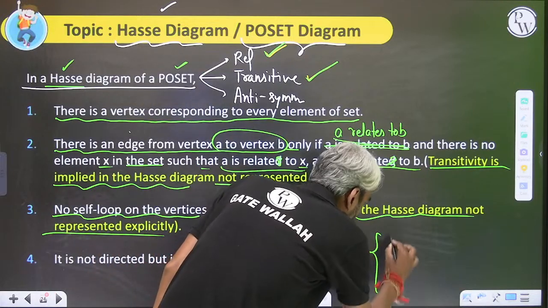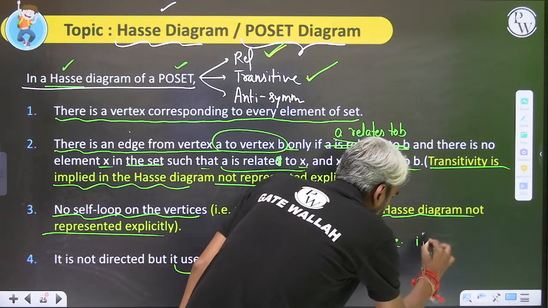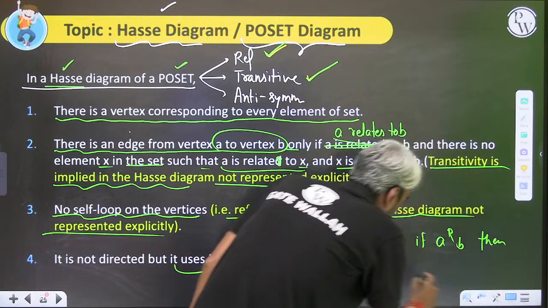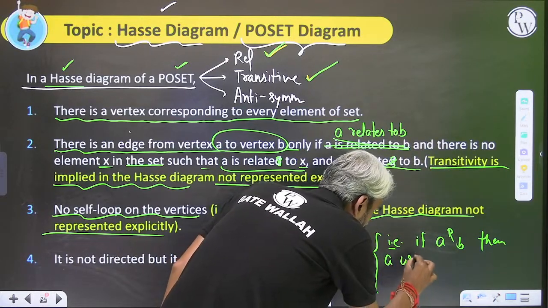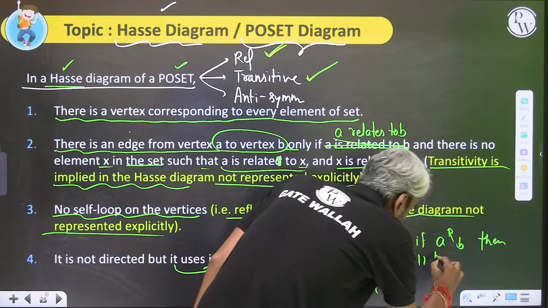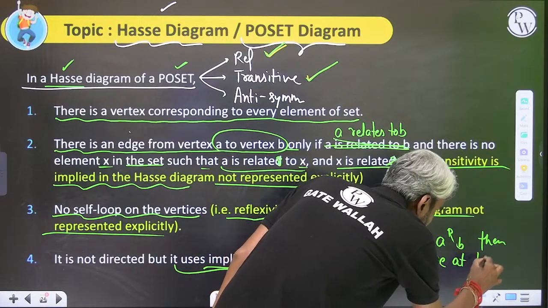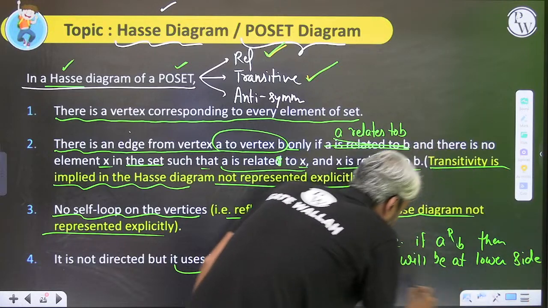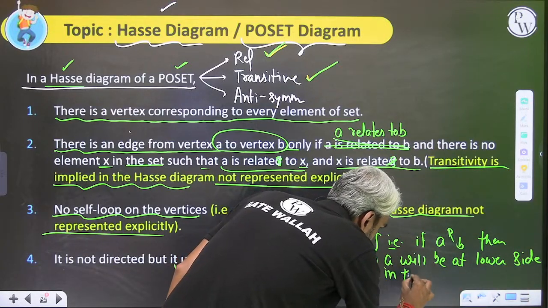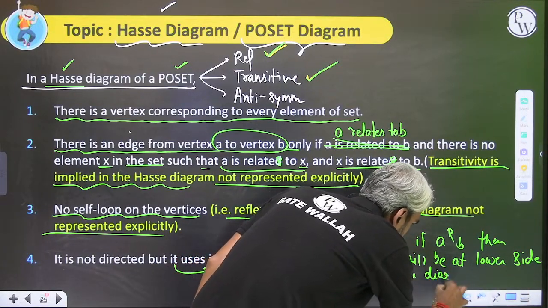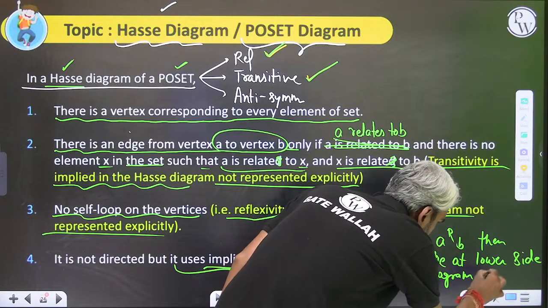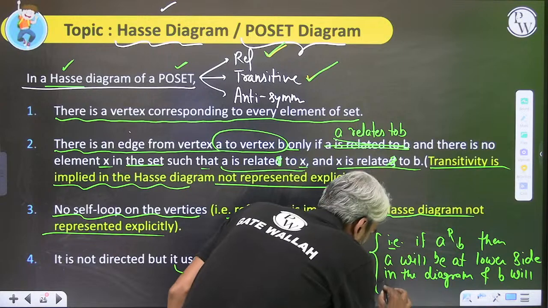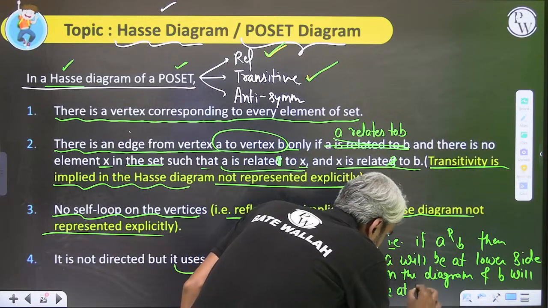If A relates to B, then A will be at the lower side of the diagram and B at the higher side.